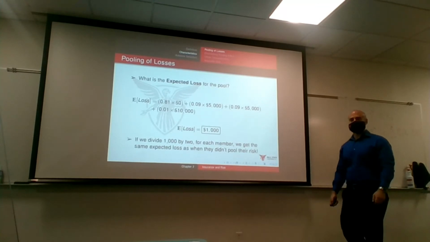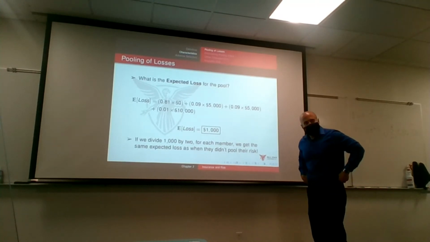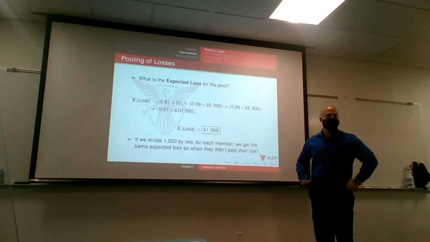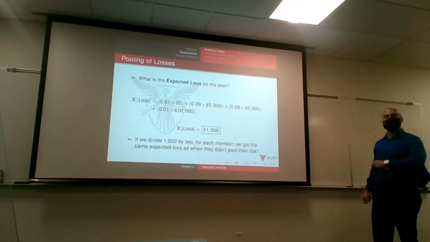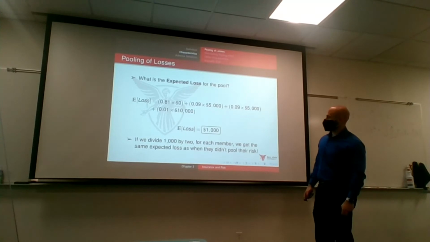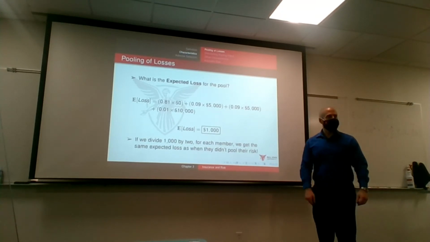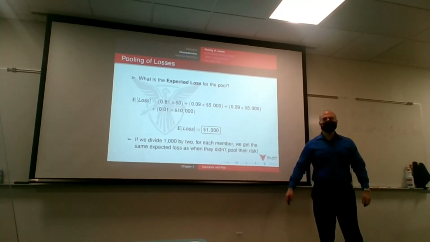Let's do the expected loss. We go through this, and for the entire pool, the expected loss is 1,000. What is that per person? We divide it by 2, and we say, wait a minute, that's exactly the same. Well, expected loss is a linear operator.